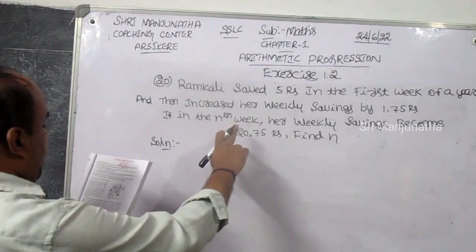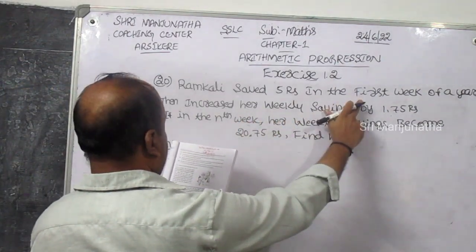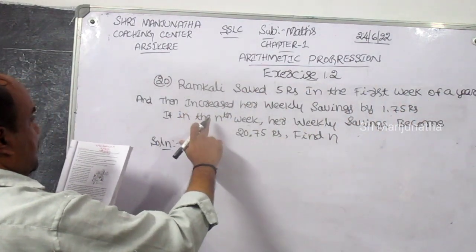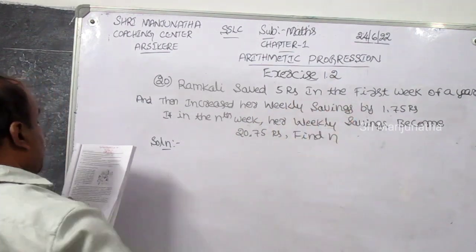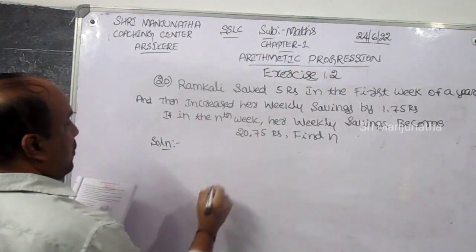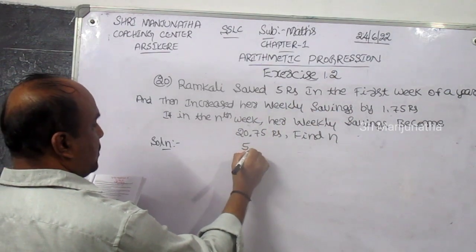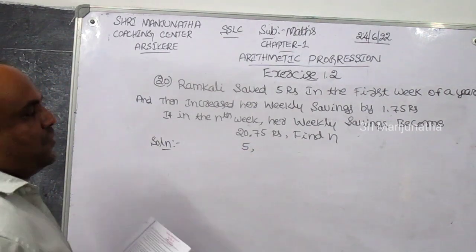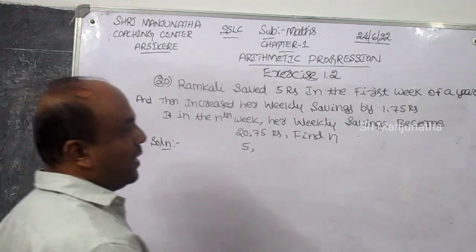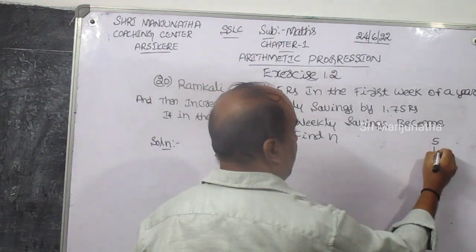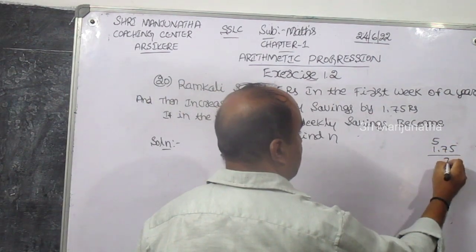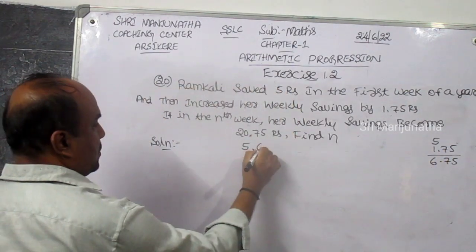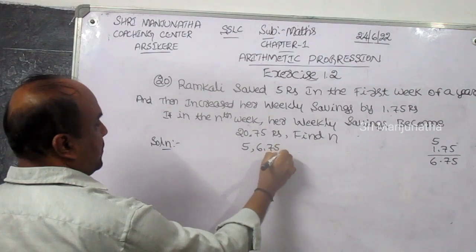Ram Kali saved 5 rupees in the first week of a year and then increased her weekly savings by 1.75 rupees. First week, how much? 5 rupees. It is increased by 1.75, means add 1.75 to 5. 5 plus 1.75 is 6.75.